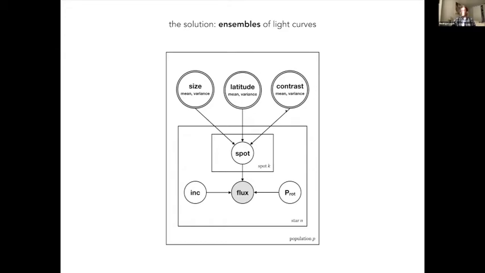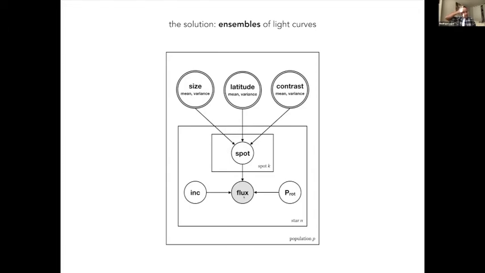These are the hyperparameters of our model. Deeper down, we want to model individual spots, but these should be draws from this hyperdistribution. And so what our data is going to be doing is constraining these hyperparameters by modeling all the individual light curves subject to the same hyperdistribution. And so ideally, we should be able to do this.